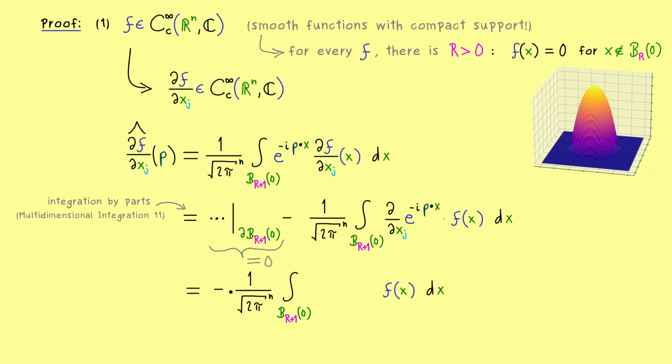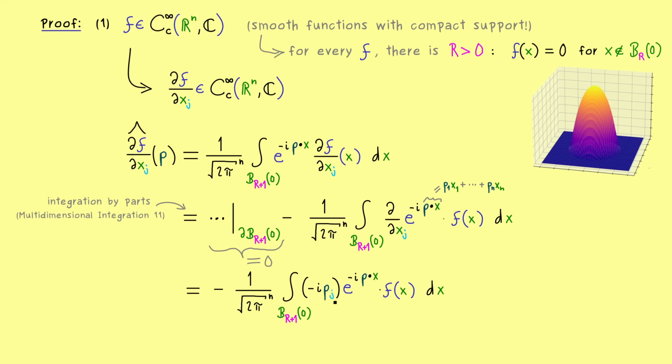Namely, we have the minus sign, and then we have to calculate the partial derivative of the exponential function. And there you actually just have to know that the standard inner product is given by the sum of the products. In other words, we just have an inner derivative where p_j comes to the front together with minus i. And obviously the outer derivative still has the same exponential function. And with that we have it.